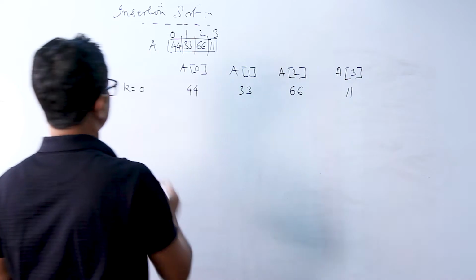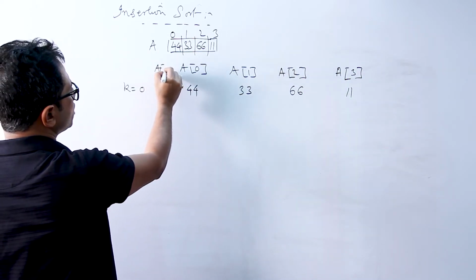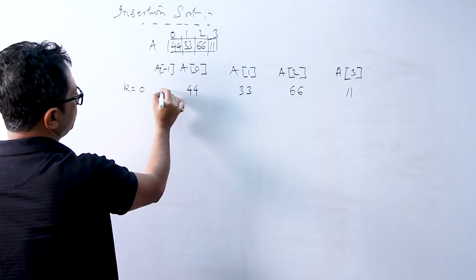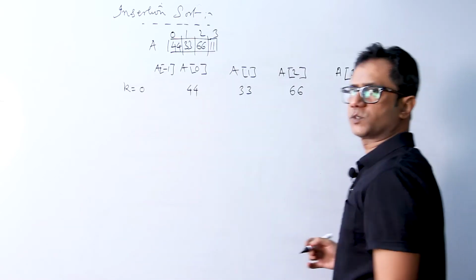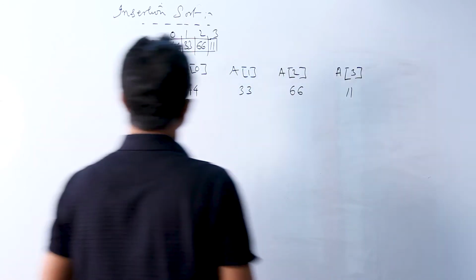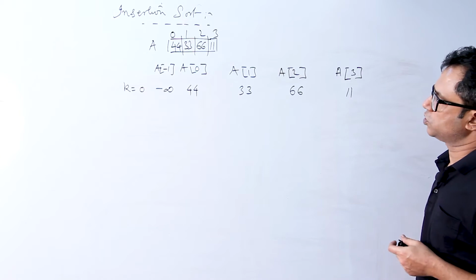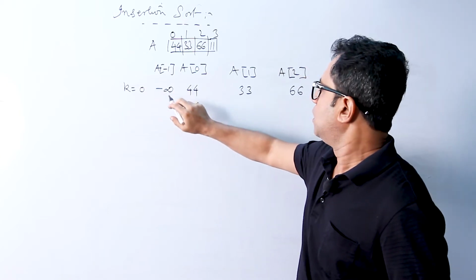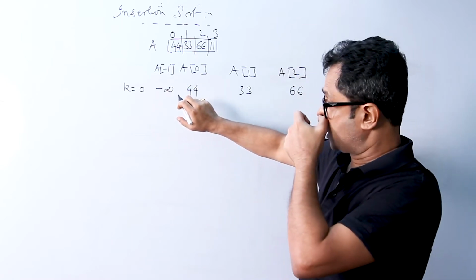In this step, in this entire sorting technique, I will take a logical -1 position and keep the smallest value which is possible, that is -infinity. This is for the understanding of the entire logic of insertion sort. We keep this -infinity in this position, the smallest element which can be thought of.